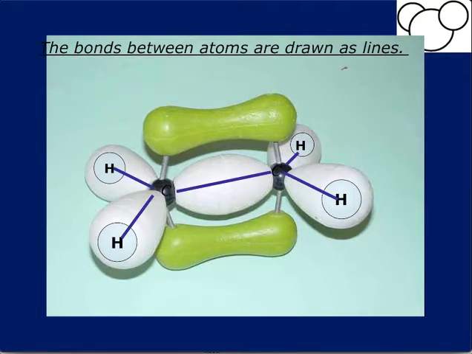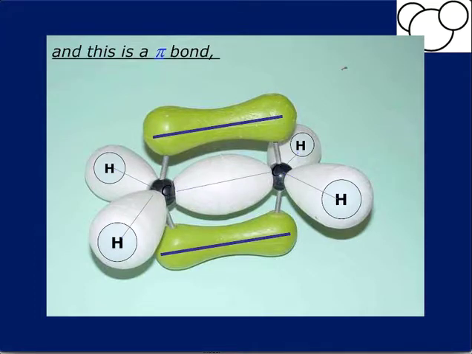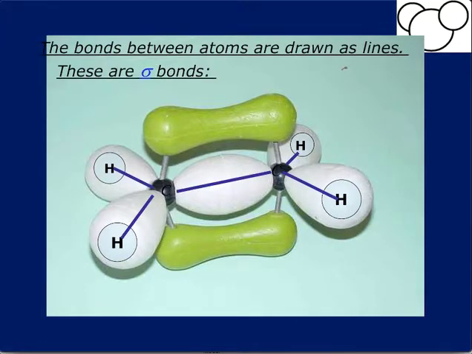If we were drawing them, we just put in lines, but now we're showing the three-dimensional space that the shared pair of electrons are filling. They are the ones that go between atoms. Sigma is always the first type of bond that's formed between two different elements. In your picture on the bottom of page 145, the bonds between atoms are drawn as lines, and these are your sigma bonds. This is the Greek letter for sigma.